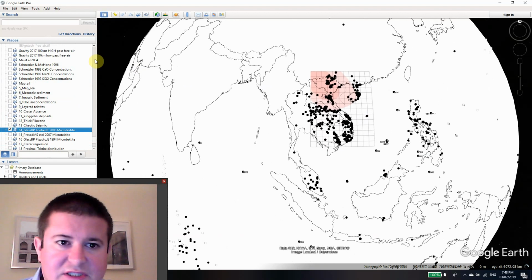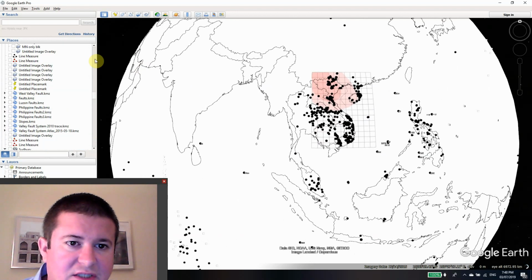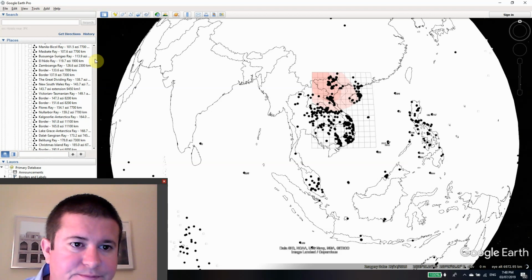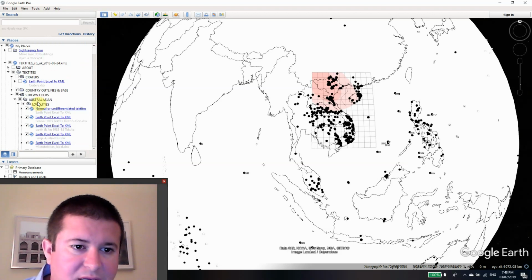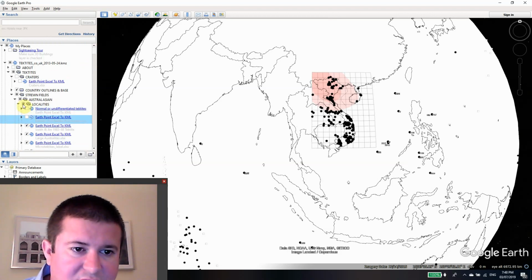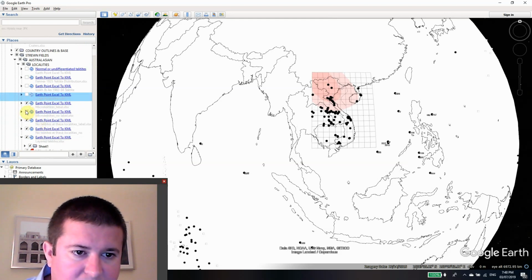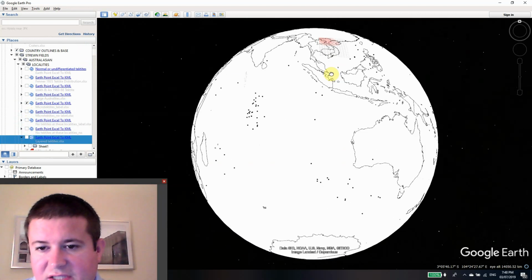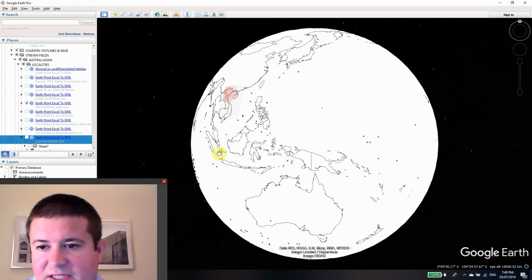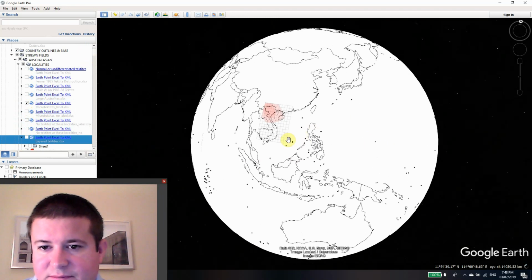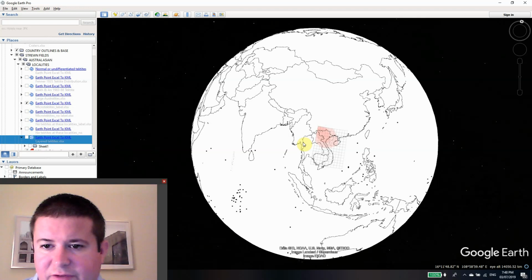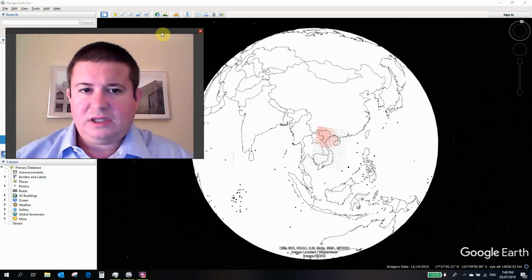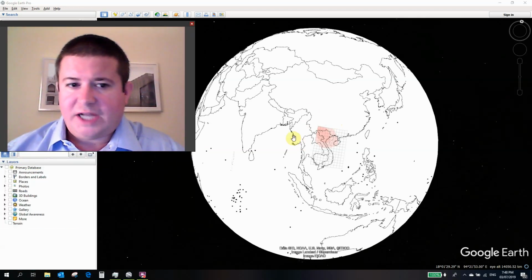Now let's have a look at where the microtektites are. Bear with me. Let's turn off all of these tektite localities apart from microtektites here. Okay, so these black dots are the microtektites. We've got a limited data set here, and we don't have any nearby, and obviously we don't have any microtektites on continental areas.